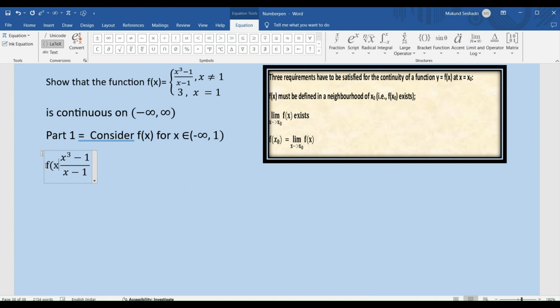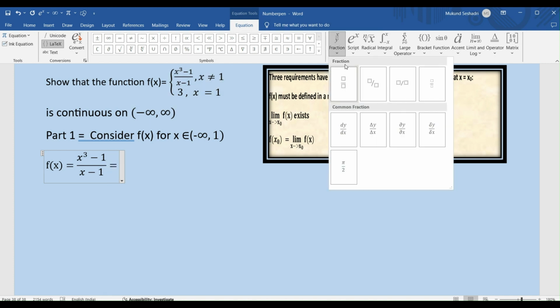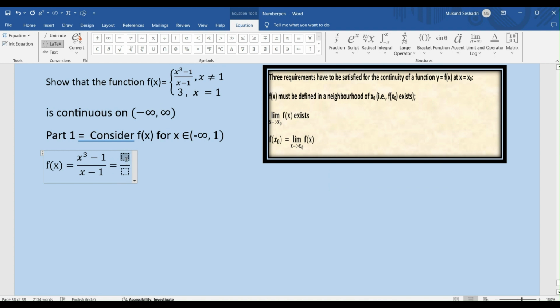And what is x cubed minus 1, folks? x cubed minus 1 is x cubed minus 1 cubed, and when I expand this, I can write it as (x minus 1) into (a squared plus b squared plus ab). So I can call this out as (x squared plus x plus 1) divided by (x minus 1), right?